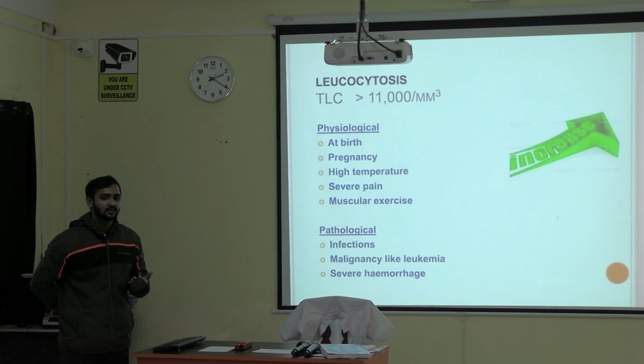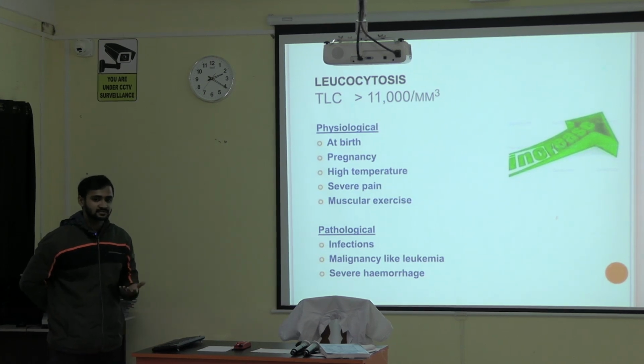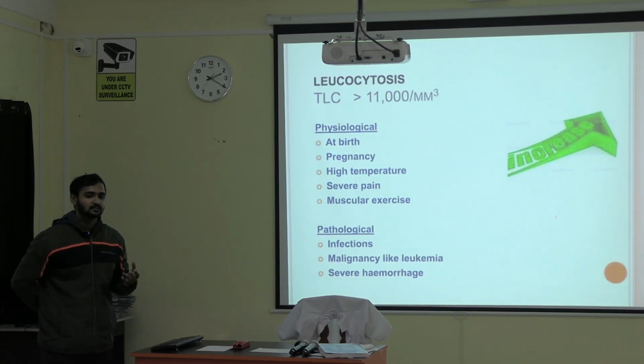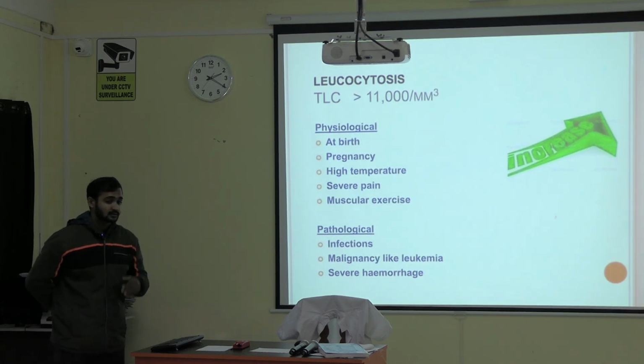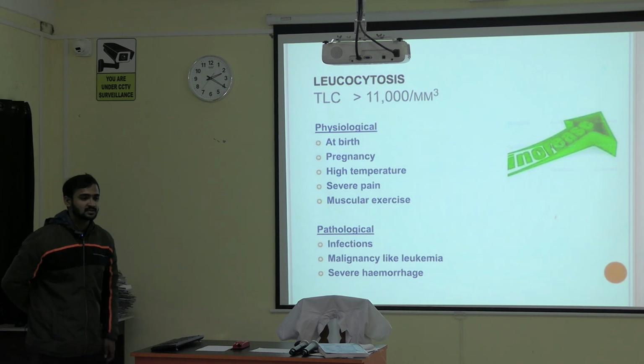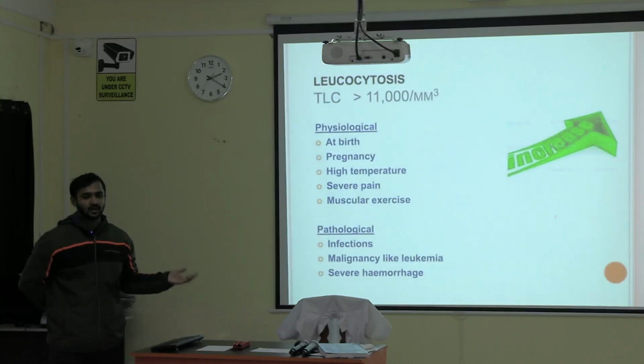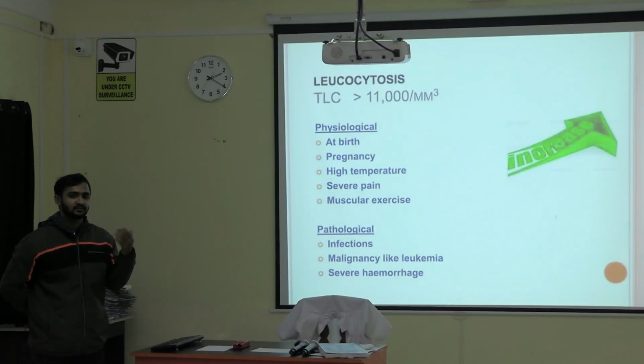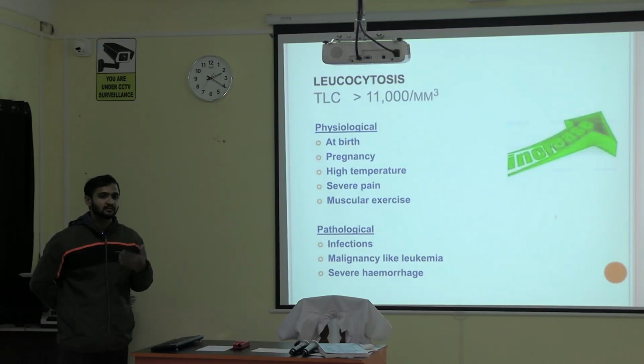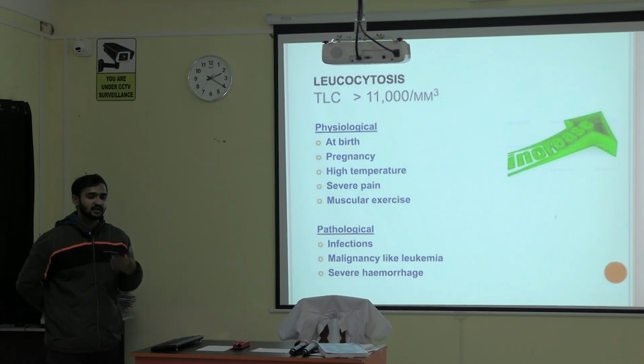For that, there will be increased production of WBCs. The bone marrow will be mostly activated, and the mature lymphocytes will act on the infections and phagocytose them. This is our defense mechanism. In this way, the WBCs counter the infections.